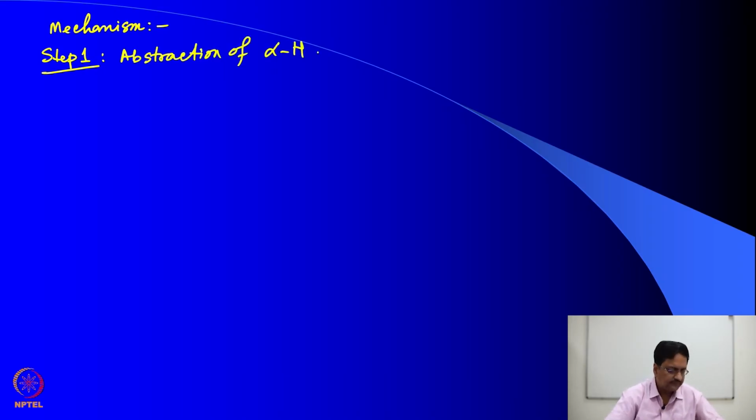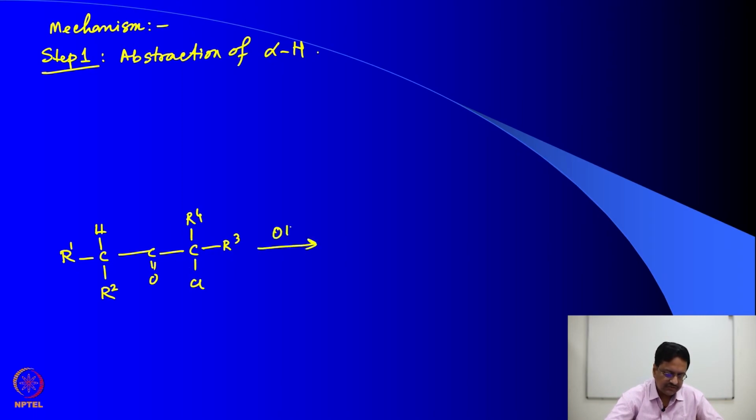When we have R1 R2 CH, C double bond O, C R3 R4 Cl, this proton, which is the alpha proton on the alpha carbon, is removed by the base.